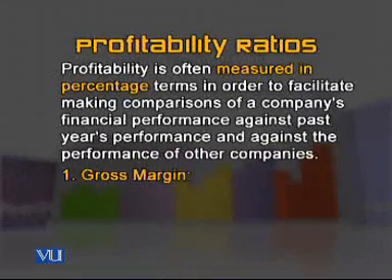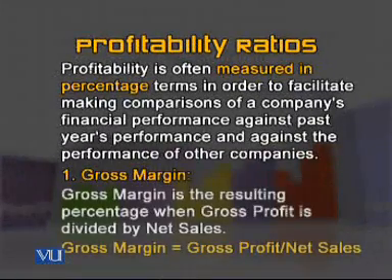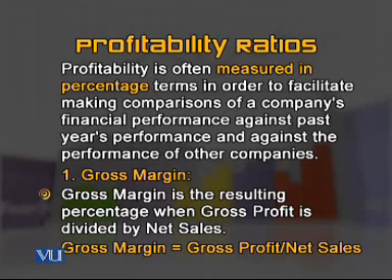We need always to be knowledgeable about the relative strength of a company in comparison to other companies in the sector. And then we come to gross margin, which is the resulting percentage when gross profit is divided by net sales.